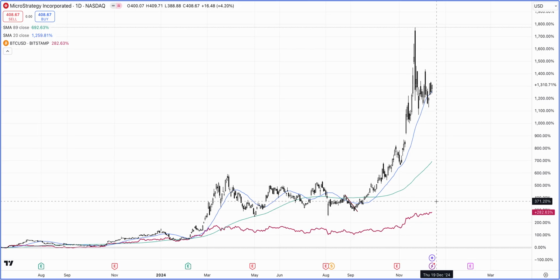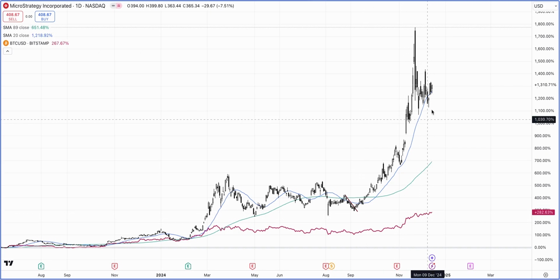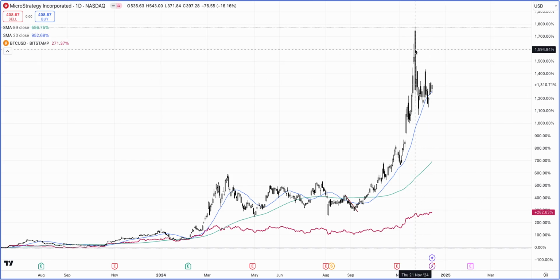So here we go. This is Bitcoin. We can see that it has had a pretty good correlation with Bitcoin, and Bitcoin has been moving quite a bit since November, especially, and then we have seen this stock rise as well. But there is a pretty big volatility around here, and I don't exactly know what happened on the 21st of November.